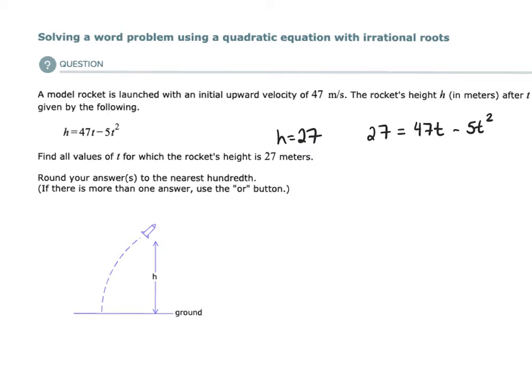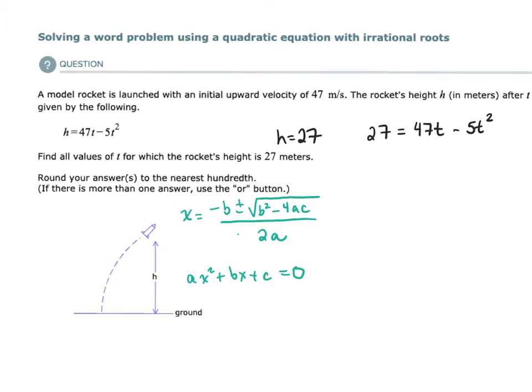So the thing with a quadratic, and when you're using the quadratic formula, if we recall, the quadratic formula says the solution to a quadratic is negative b plus or minus the square root of b squared minus 4ac, all over 2a, and that solves the equation ax squared plus bx plus c equals 0.